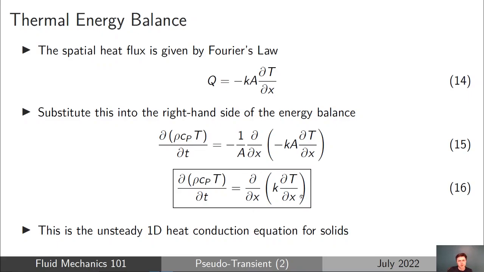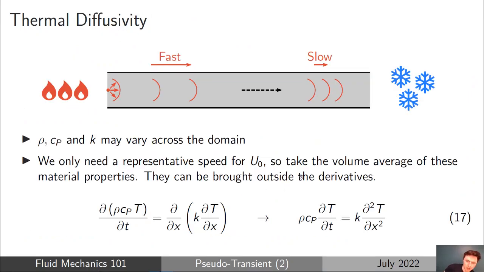So hopefully from the preceding example that I went through, you can start to see what this half of the equation actually represents and what this half of the equation represents. And of course, if you look closely at it, what you'll notice is that because this left-hand side of the equation controls how fast places in the bar heat up in time, and then the right-hand side controls how temperature gradients propagate in space, we could, of course, for our real CFD domain, have differences in the density, the specific heat capacity, and the thermal conductivity of our solid.